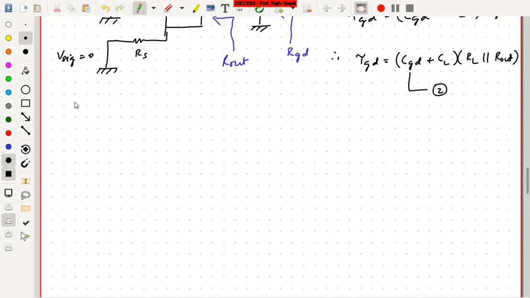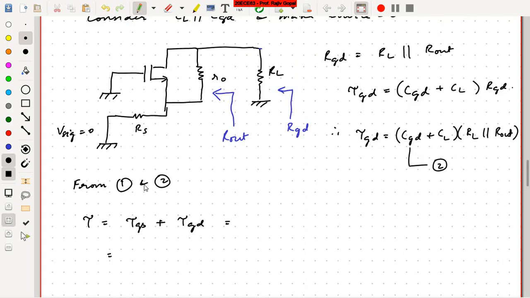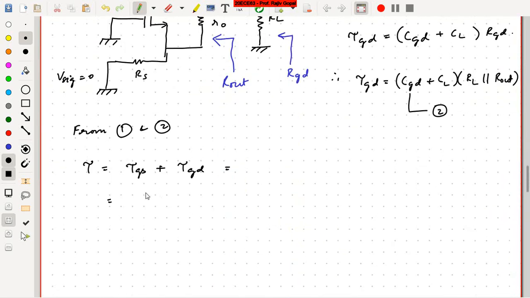So from 1 and 2, tau here is tau GS plus tau GD, which is CGS into RS parallel Rn, plus CGD plus CL into RL parallel R out.